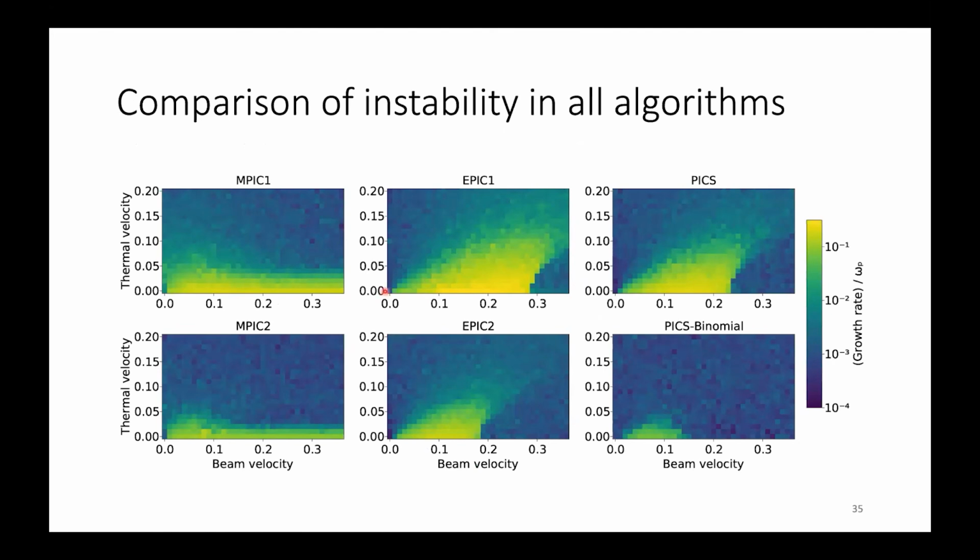And you can see that you have to use quite a fine cell to eventually resolve the plasma. So if you have plasmas that have a really strong beaming property relative to the thermal velocity, then EPIC is probably not a suitable choice. Sure.